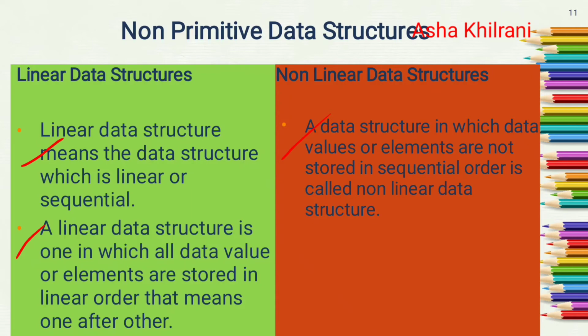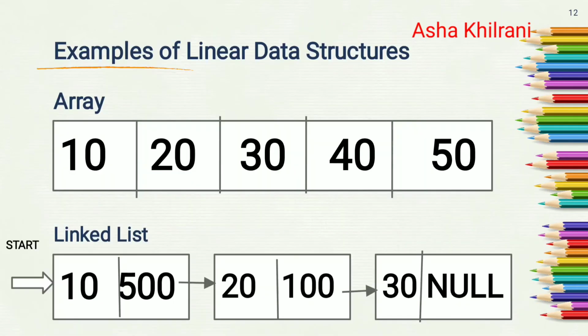A data structure in which data values or elements are not stored in sequential order is called a non-linear data structure. There is no sequential relationship among the elements of a non-linear data structure. First we will see the examples of linear data structures, and then the examples of non-linear data structures.